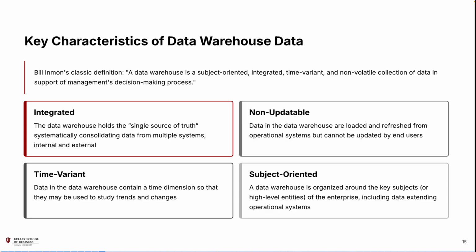The third is time variant. Data explicitly contains a time dimension, allowing you to study trends, changes, and historical events over a long period of time. The last one is subject-oriented. The data is organized around key business subjects, like sales, marketing, or finance, rather than focusing purely on transactional processes.